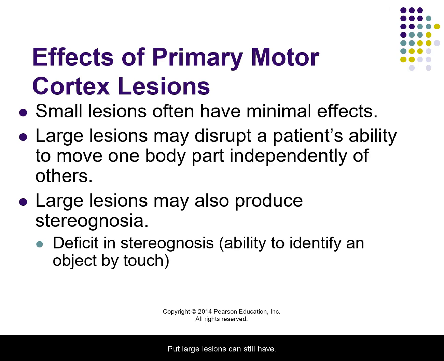But large lesions can still have detrimental effects, like the inability to move a body part independently of the others, or something that they call astereognosia, right? Which is the inability to identify an object by touch, and that would be because of a large lesion in this primary motor cortex.